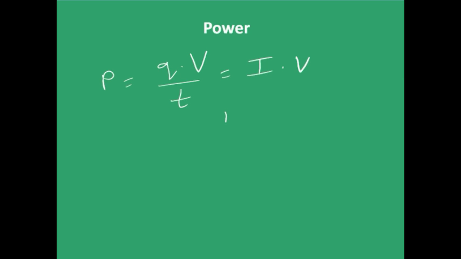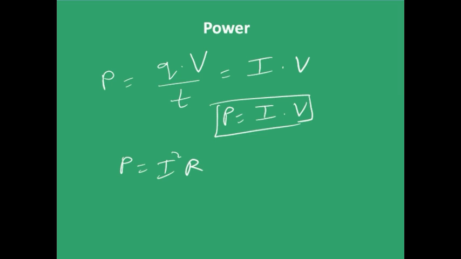So I can say that power is nothing but current times the potential difference. This is power. By Ohm's law, V is equal to IR. I can replace V by IR here. So I can also write this as power is equal to I square R. And the other way of writing it is V square by R. All the three equations are the same.